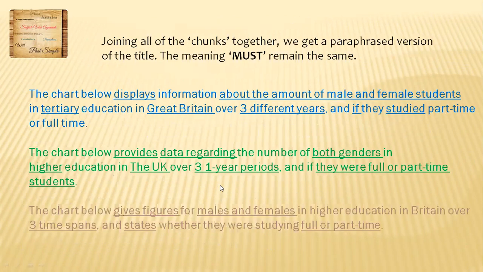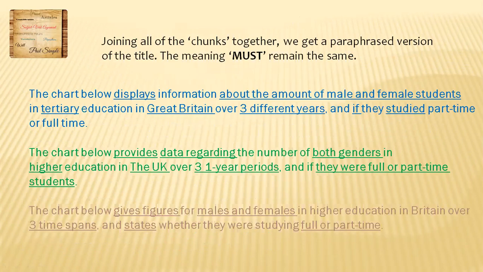So what I've done is now I've provided 3 different versions of the title from our chunks. So all I've done is join the chunks together, and we get a paraphrased version of the title where the meaning must stay the same.